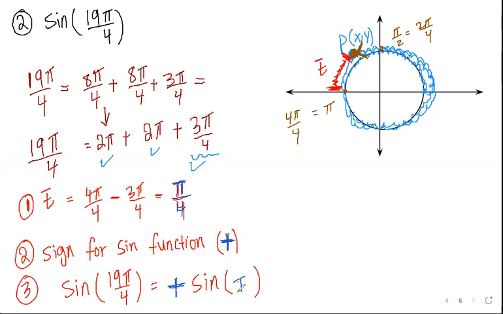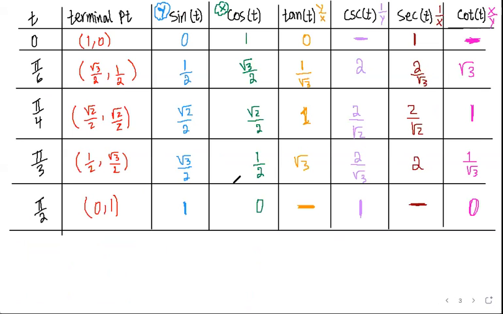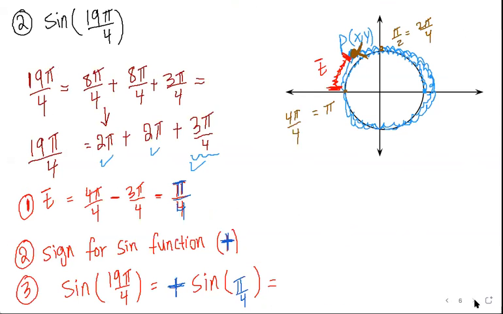So here, pi over 4. Going back to the table, sine pi over 4 is square root of 2 over 2. And we have positive, so positive square root of 2 over 2.